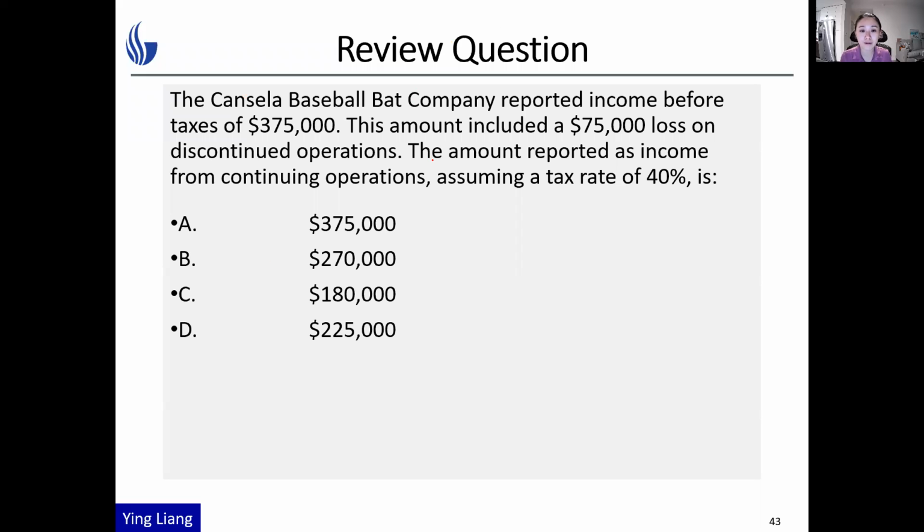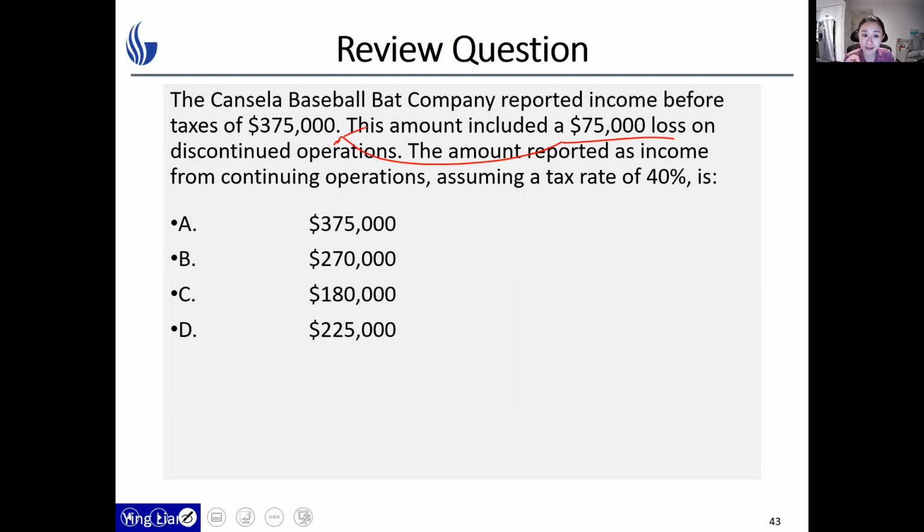Number 1, review question. Kansela Baseball Bat Company reported income before taxes of $375,000. This amount included a 75 loss. So the 75 loss is already part of this 375.